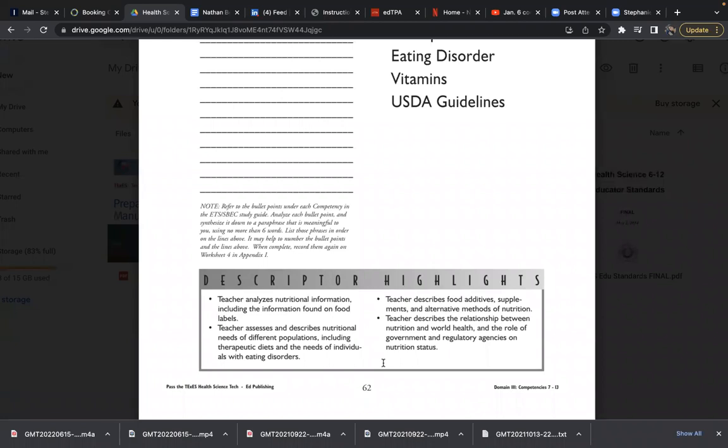Like if you had someone who was training for, I don't know, a muscle competition, like a weightlifting competition, that eating plan would be very different than someone who was bulimic or anorexic nervosa. So what you have determines the needs of the diet, the needs of the patient. Food additives, supplements, alternative methods of nutrition, and needs for alternative methods of nutrition.